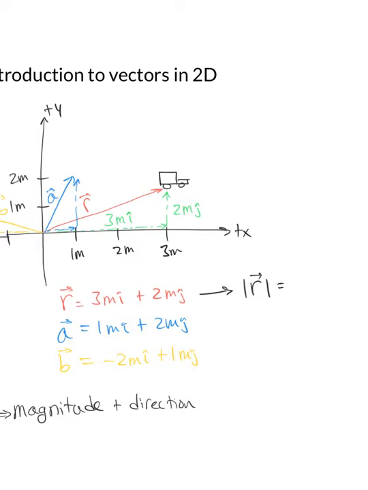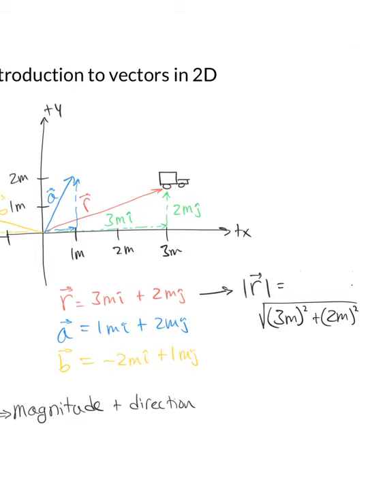So that is going to be the square root of 3 meters squared plus 2 meters squared.